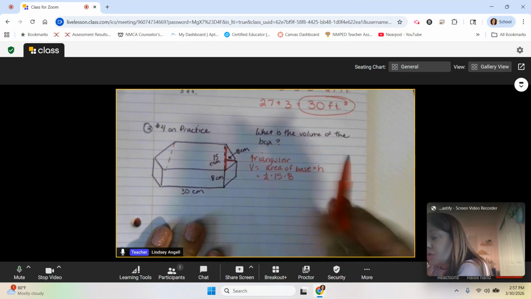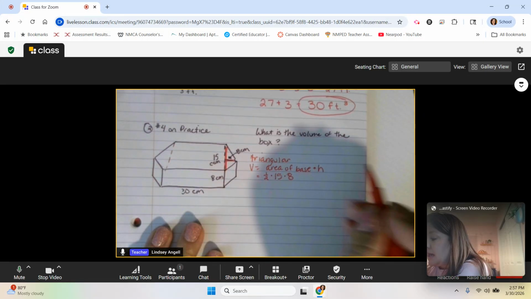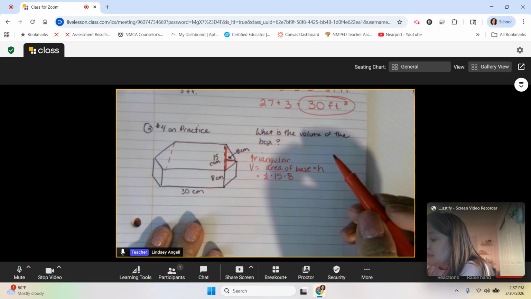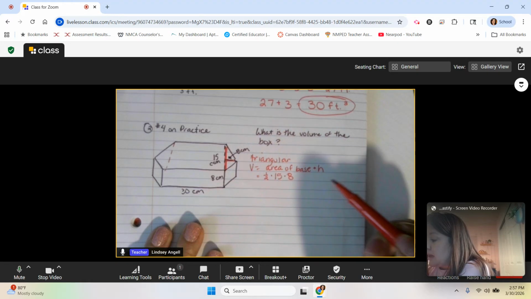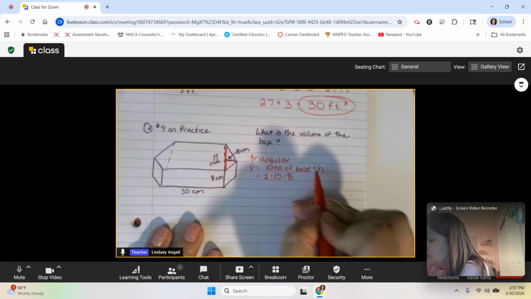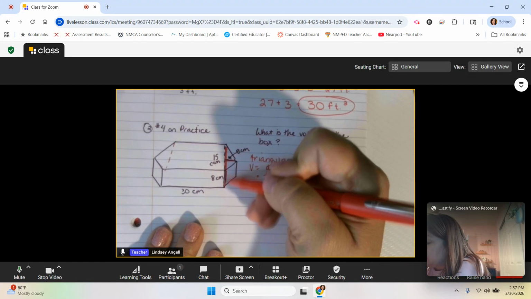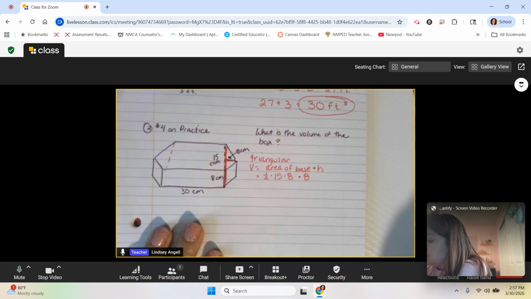But there's 2 of those, right? There's 2 of those. But then also the height of the prism itself. So this is the area of the base, but then it's being multiplied by the height of the prism. Well, that's also 8. So we're going to do times 8.